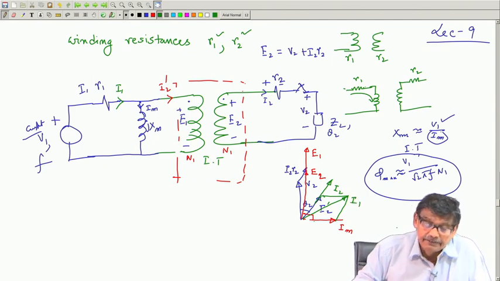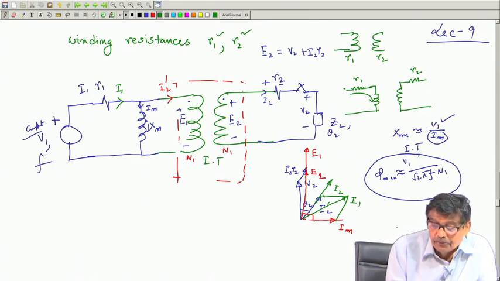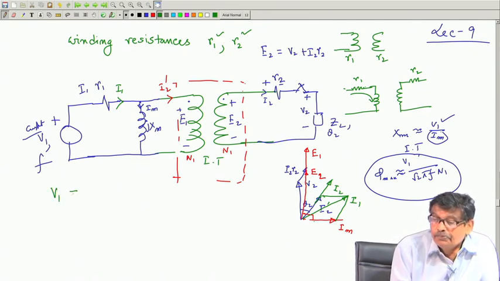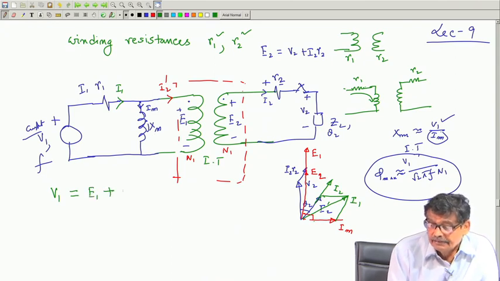and if this is I 1, then I will say your V 1 must be equal to E 1 plus I 1 R 1.